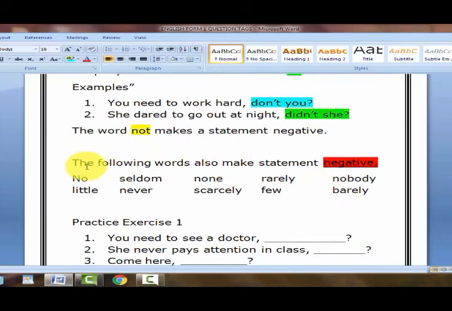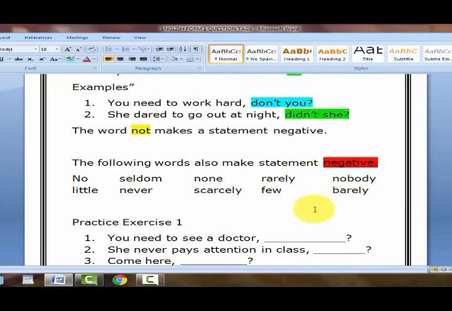Okay, here is also very important. The following words make a statement negative: no, seldom, none, rarely, nobody, little, never, scarcely, few, barely.